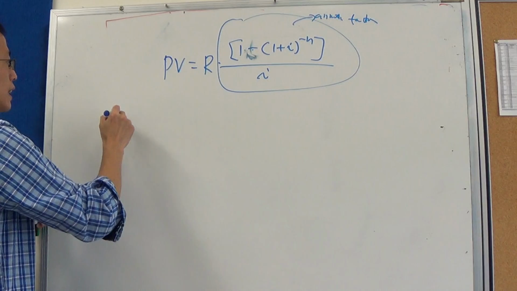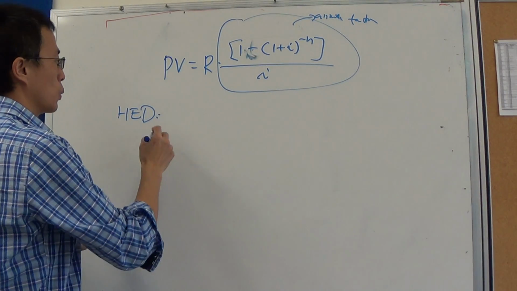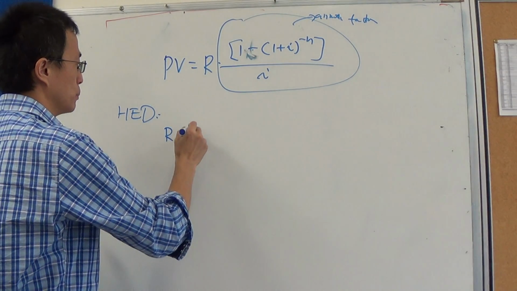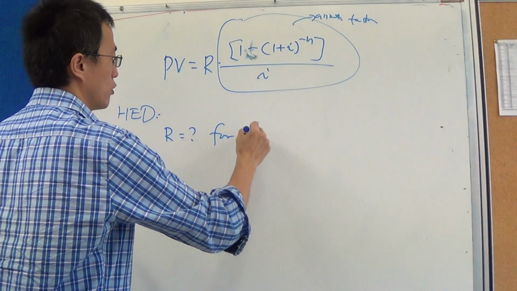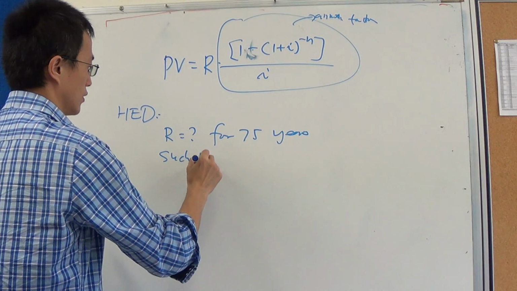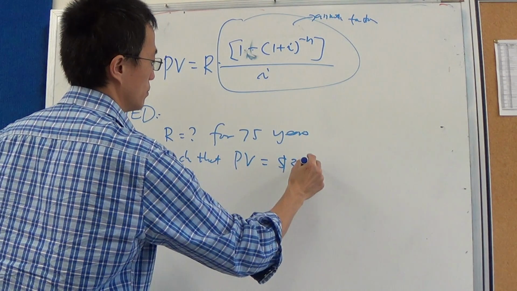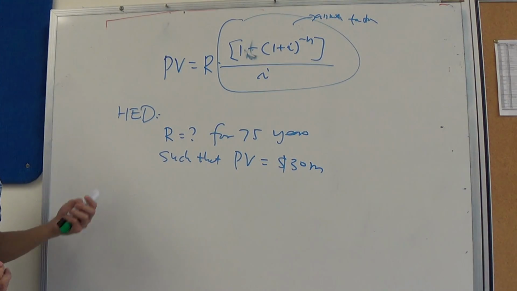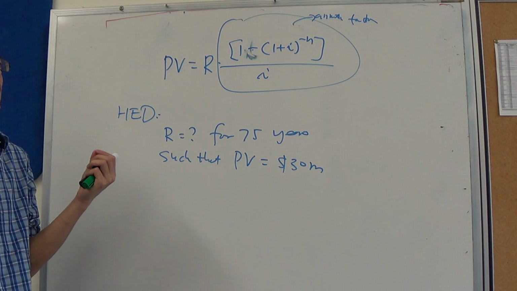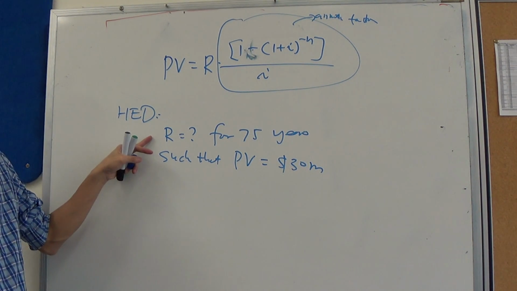So for the hydroelectric dam, we want to think what R should be for 75 years, such that the present value of this annuity is equal to $30 million. Or, this hydroelectric dam project is equivalent to what kind of annuity?